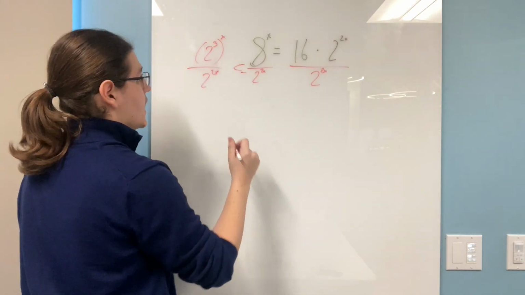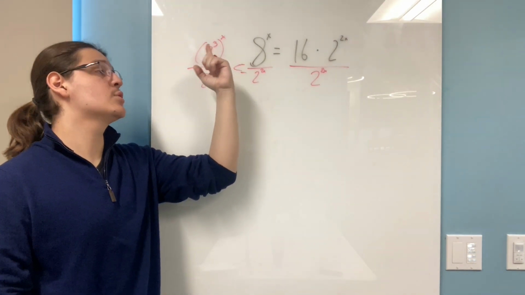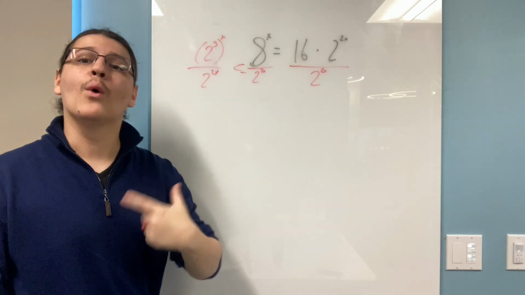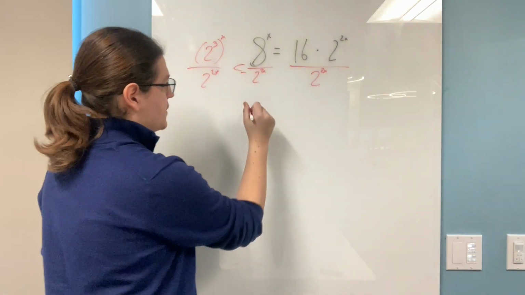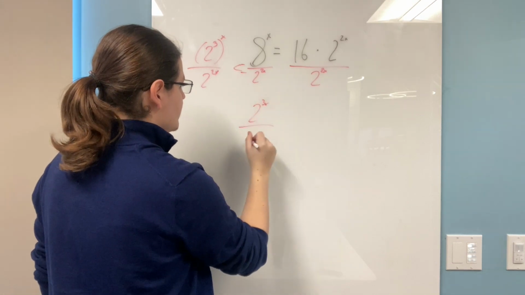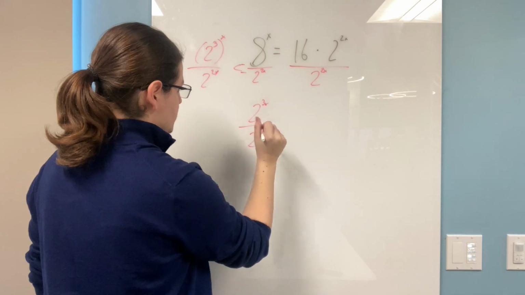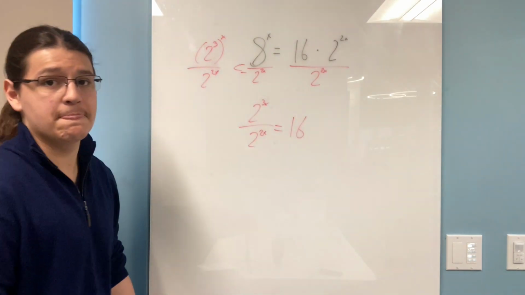So here on one side, remember, we can multiply these together. So this is 2 cubed raised to the x power. When we have that, we can multiply our exponents together. So on the top here, we have 2 to the 3x divided by 2 to the 2x is equal to 16.